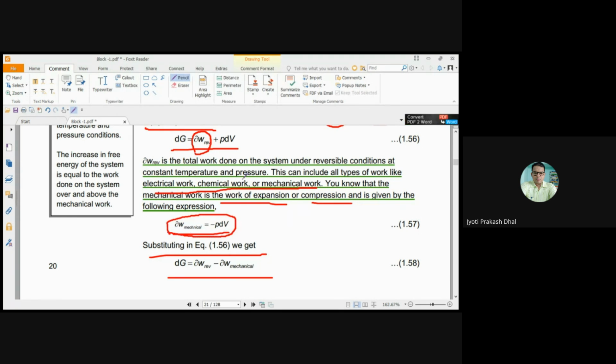So here in equation 1.54 we have derived that dG equals δW reversible plus PdV, but the mechanical work of expansion can be written as δW mechanical equals minus PdV.